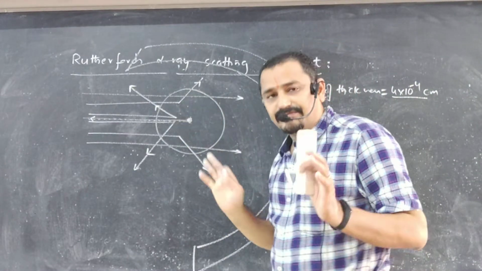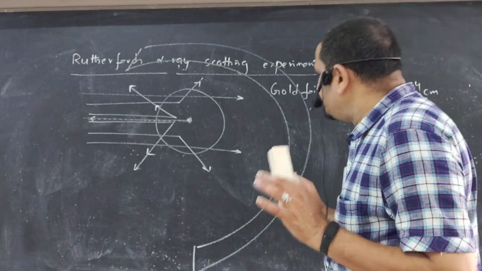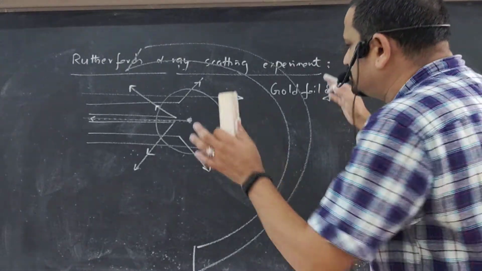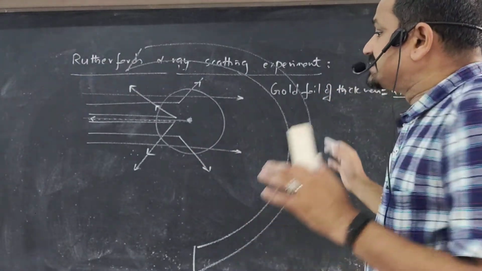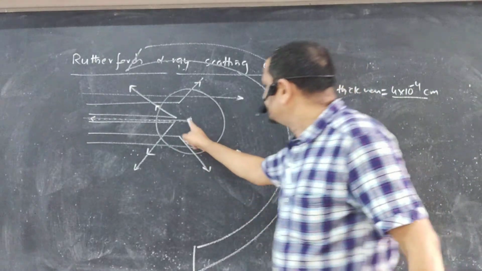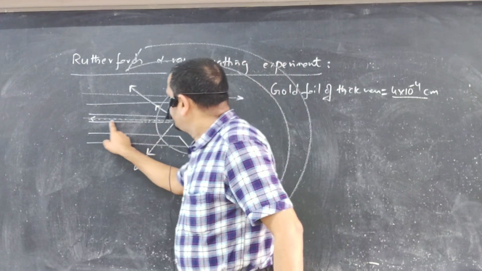Actually, the main observation was that very few alpha particles were deflected back through an angle greater than 90 degrees, and among those, some were even scattered in the opposite direction at an angle of 180 degrees. See, this alpha ray was deflected at an angle of 180 degrees.